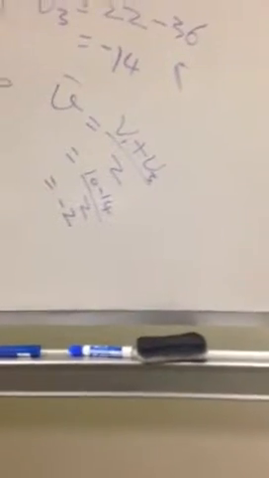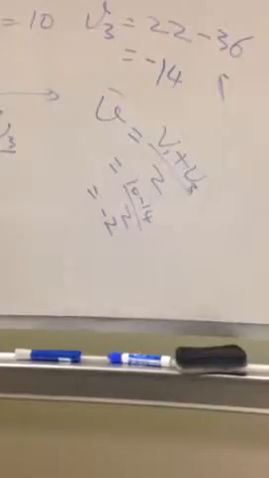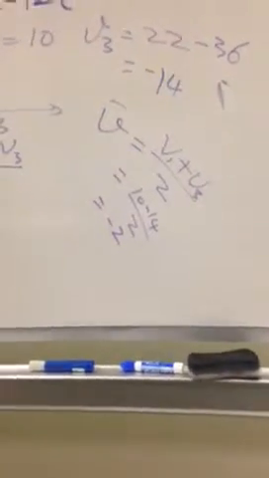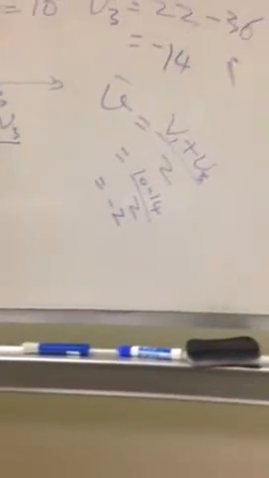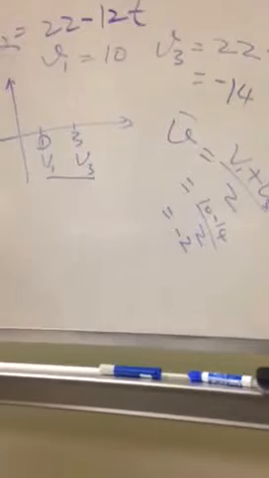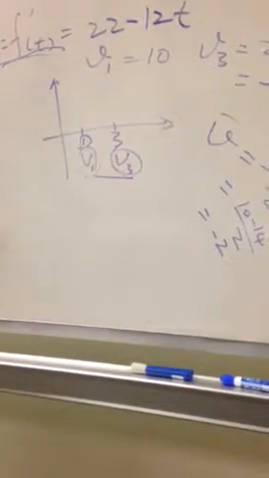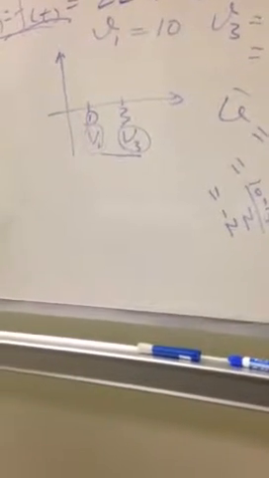We're taking the velocity or the average velocity? It says average velocity during the time interval 1 and 3. So you need the velocity here and here, right? That's how you get the average velocity.